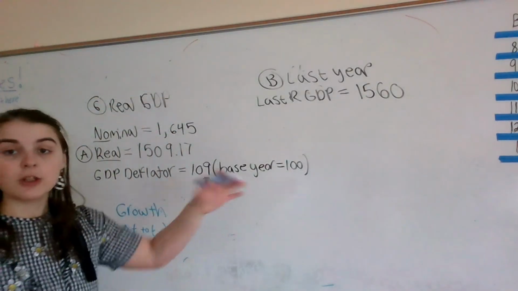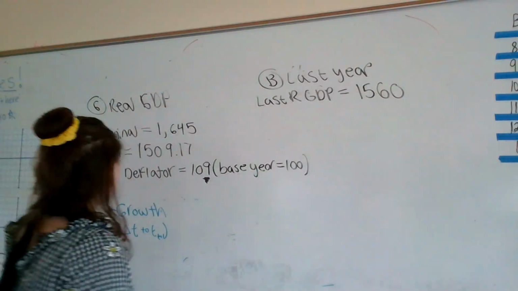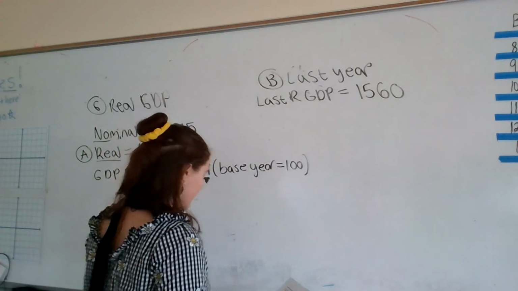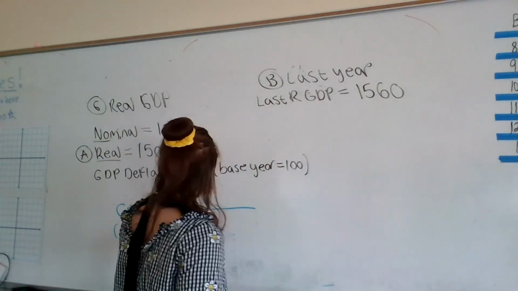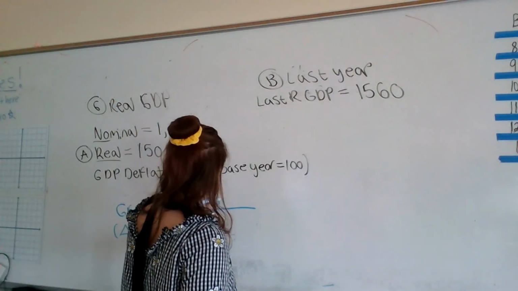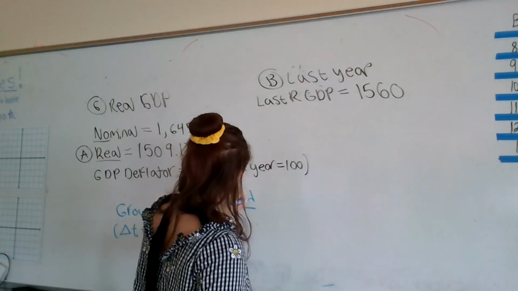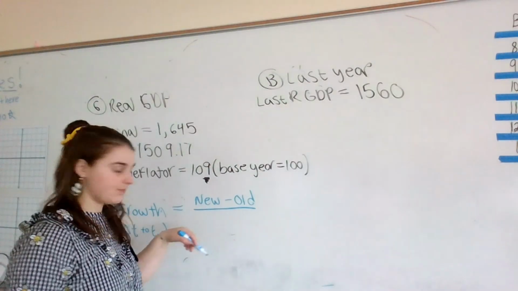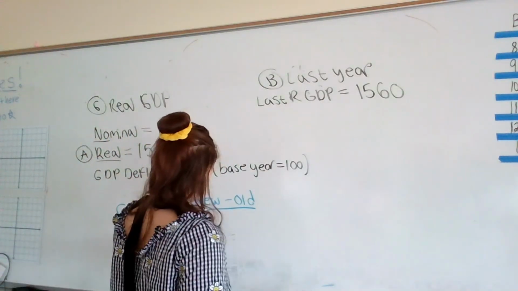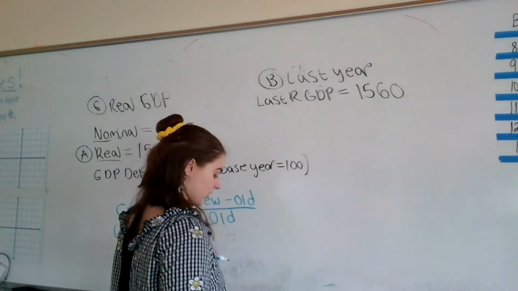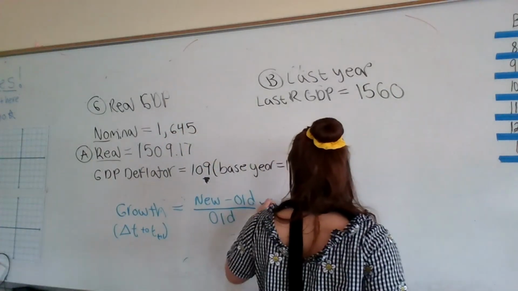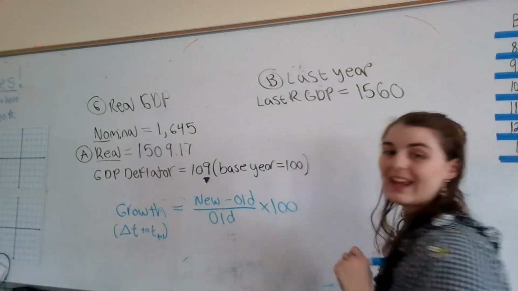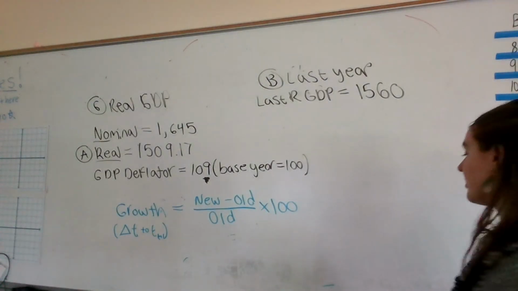So if I did t plus 2, it would be 2 years. Anytime we look at growth, all it is is a comparison of the new to the old: the new minus the old, and then we're looking at what the old looked like. We multiply that by 100 so that we can find a percent interpretation.